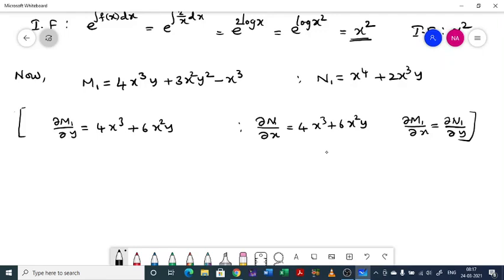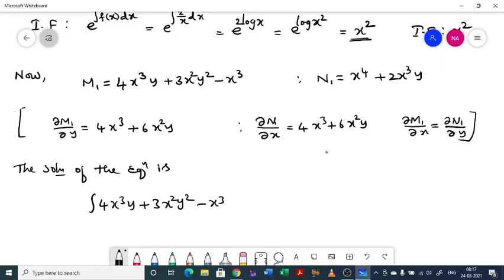Now the solution of the equation is integral M1 dx, that is (4x³y + 3x²y² - x³) dx, plus integral of the terms of N1 free of x. Both the terms contain x, so that will be 0.